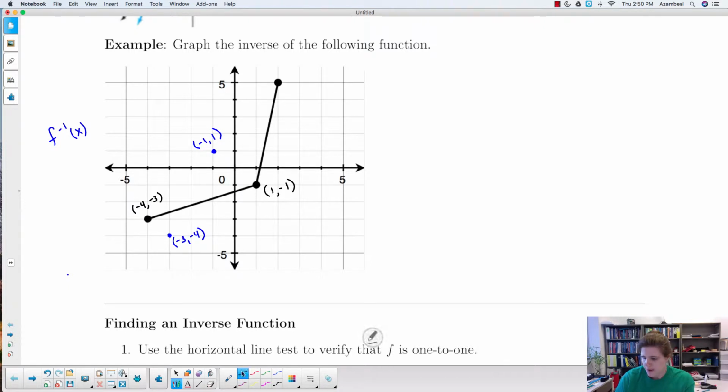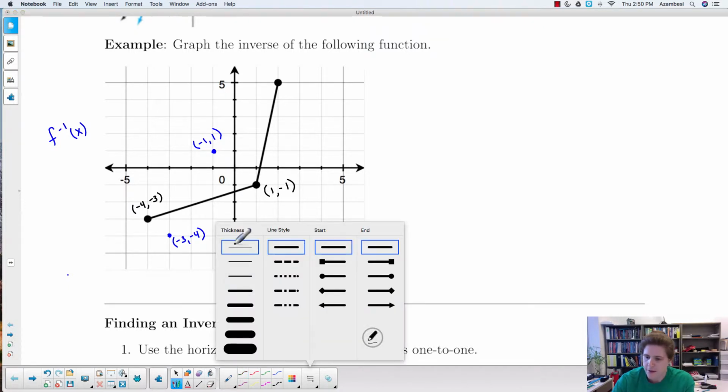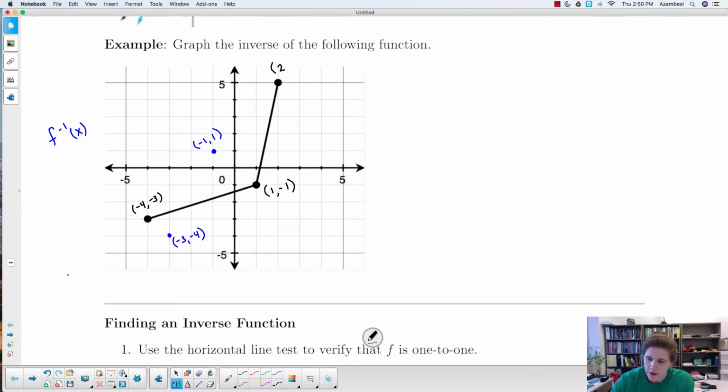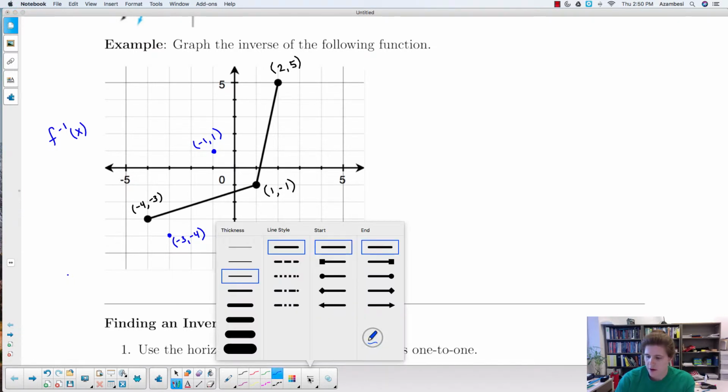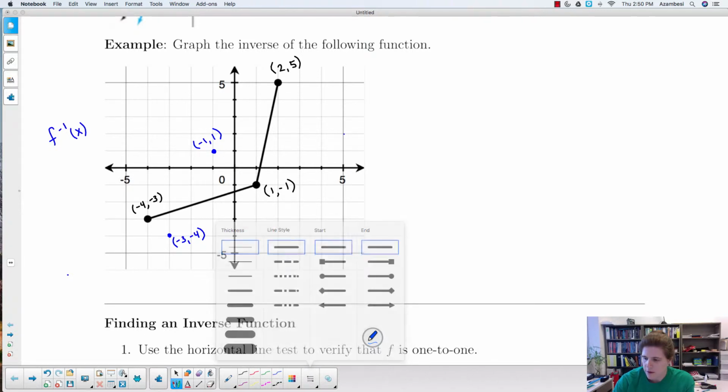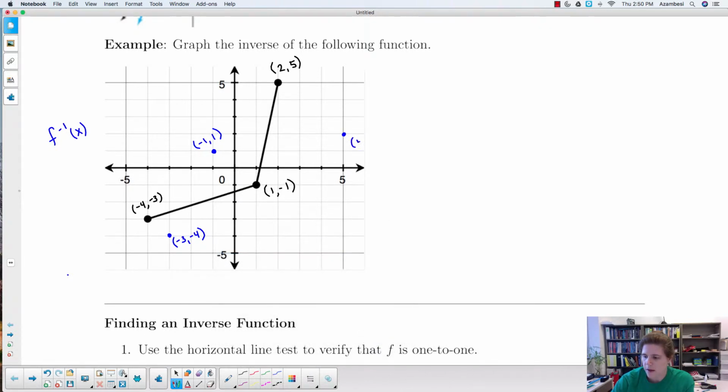And the last point that I have on the graph of f of x is the point (2, 5), which means that the point (5, 2) is on the inverse function. So this would be the point (5, 2).